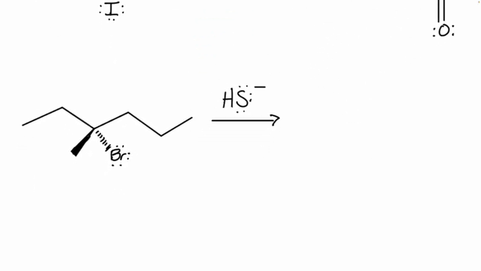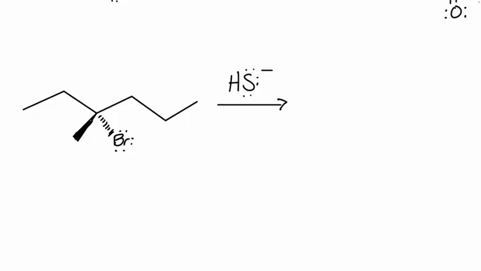All right, and then the last one here. This is a tertiary alkyl halide. All right. This has a negative charge here, and it's small, so this would be a strong nucleophile. But is it a good base? No. And what is it that makes it a weak base?